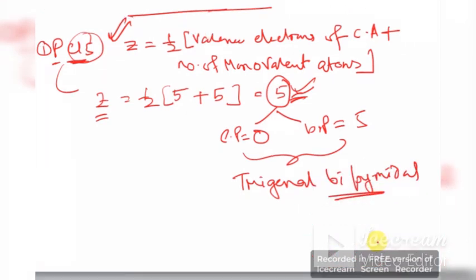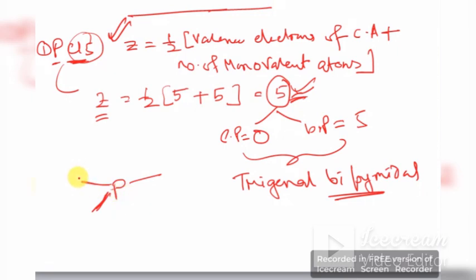Now I am trying to draw the structure, with the central atom in the center. For drawing trigonal bipyramidal, make a plane. This is a planar structure, called trigonal planar.